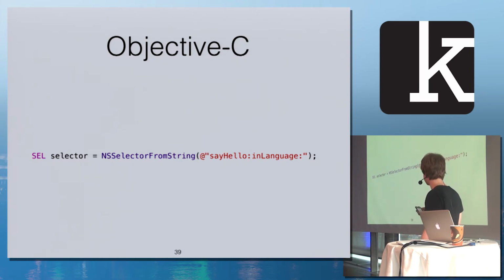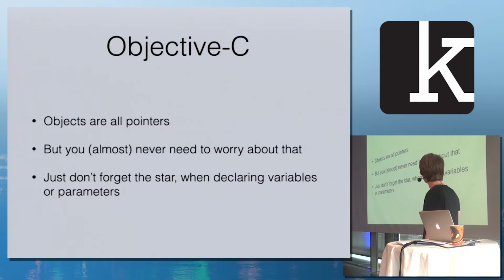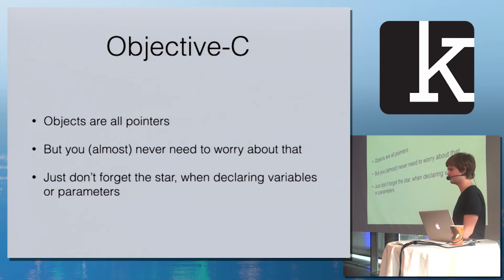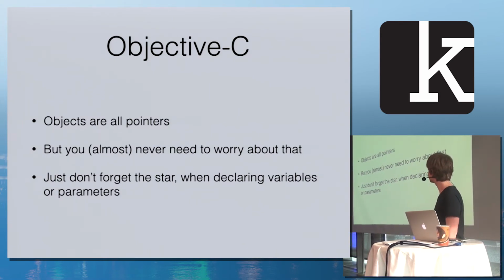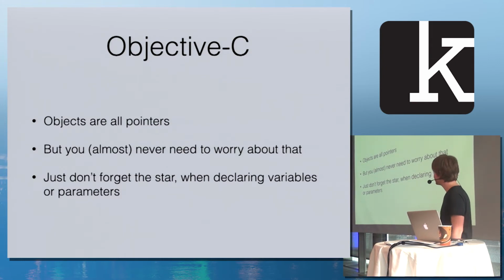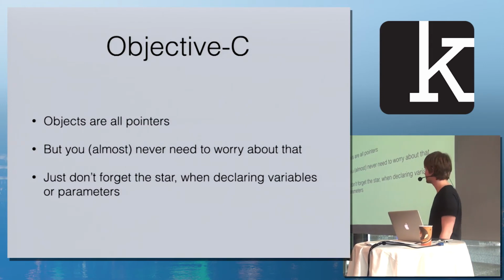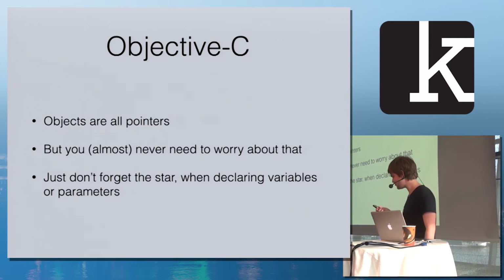So it's really dynamic. Objects are all C pointers, but you don't have to ever worry about that. Okay, not ever, but mostly. Just put the star there, and sometimes it's good to know about pointers, but basically you can do everything without worrying about that at all.